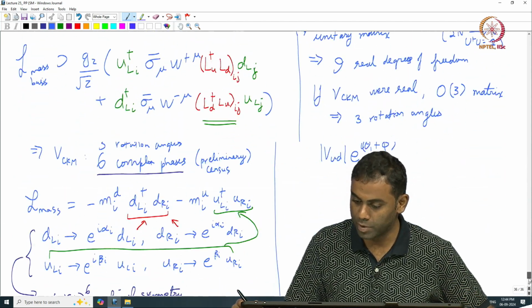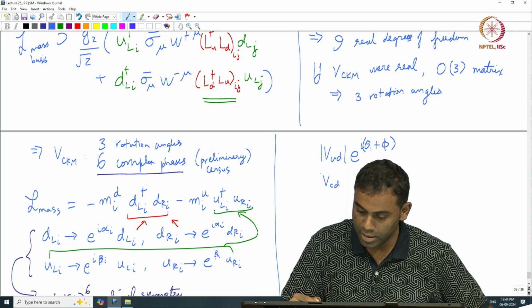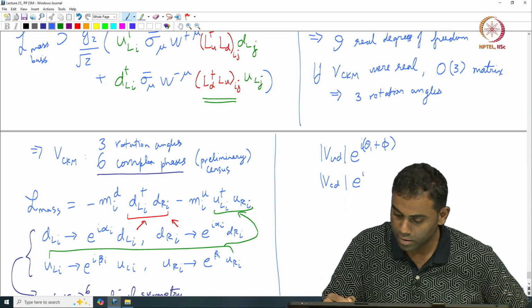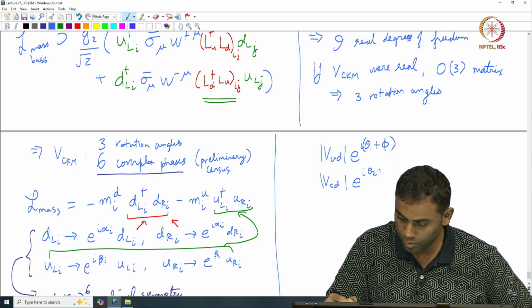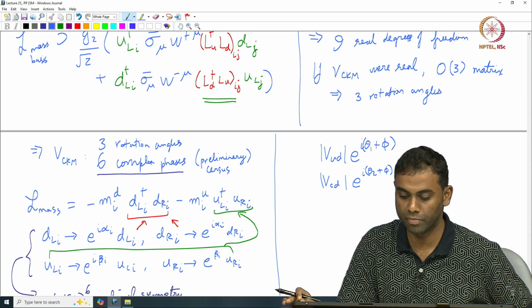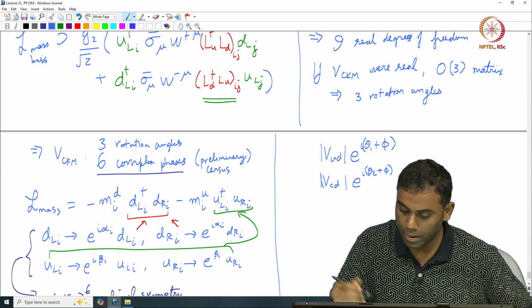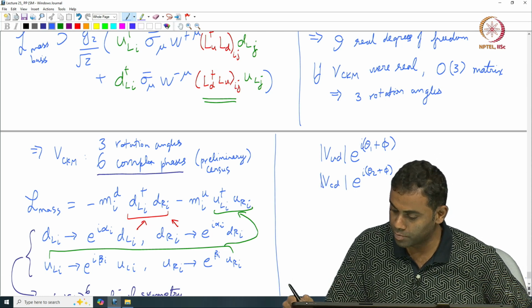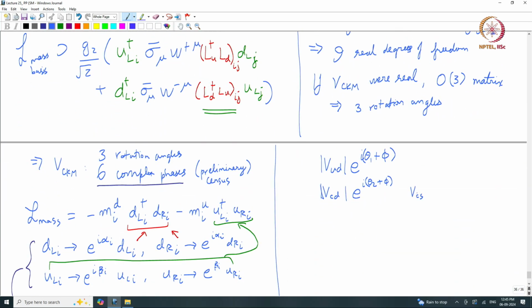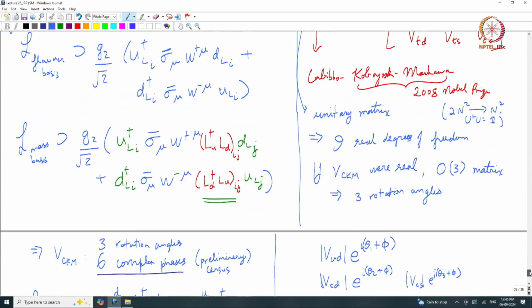What else shall we pick? Let us pick V_CD. Let us say V_CD comes with its own phase, e^(i(theta 2 plus phi)). So this is theta 1 plus phi, theta 2 plus phi, the entire phase. Then let us pick one more random element, V_CS. V_CS is the third phase, and then I will pick V_UB.